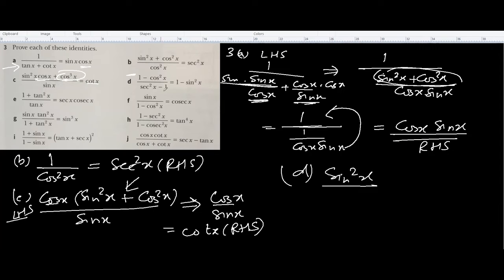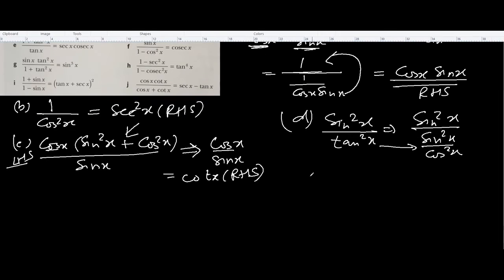Secant square x minus 1 is an identity, it is tan square x. So now we can write sin square x over sin square x over cos square x, right? That is tan square x will become this. Now they're dividing, okay? So we can write this as sin square x divided by sin square x over cos square x.